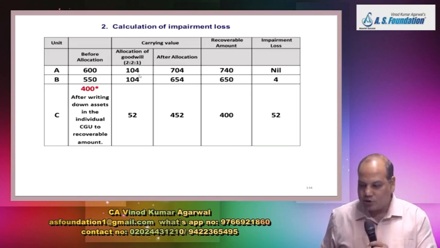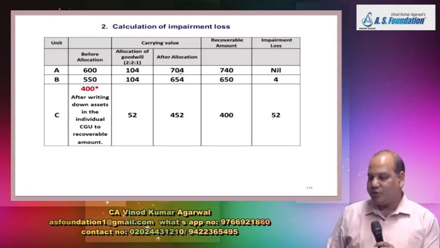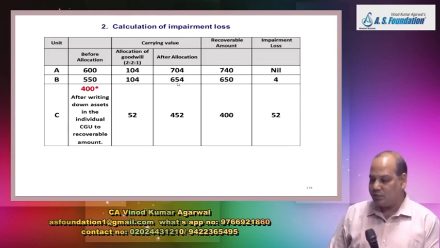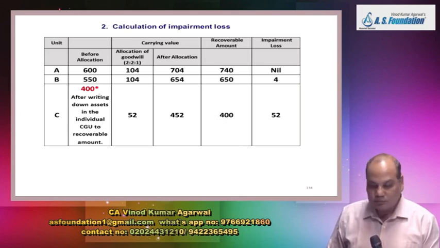And then goodwill allocation. Total goodwill is 260, in the ratio of 2:2:1. Check the calculation: 104, 104 and 52. Total carrying value after allocation 704, 654, 452. Recoverable amount 740, 650, 400. This we have already adjusted here.